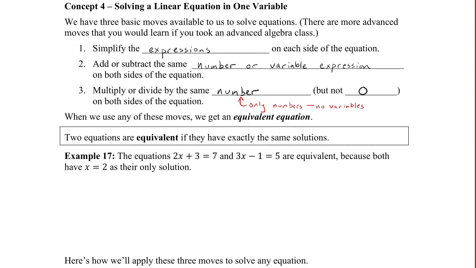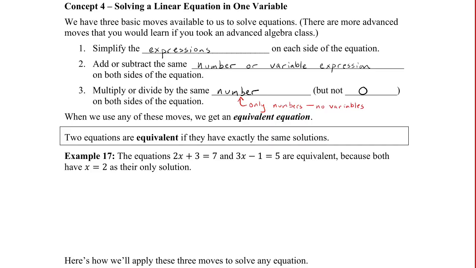So when I say that these moves are available, what I mean is, if we do any of these three things, the new equation that we get is what's called equivalent to the old equation. So what does it mean for two equations to be equivalent? It means they have the exact same solutions.